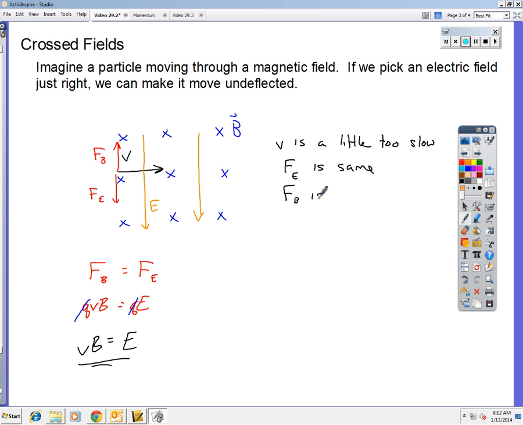But the magnetic force is smaller, and that means that this particle will deflect downward if it's positive. And similarly, if V is a little too fast, the particle will deflect upward. If it were a negatively charged particle, it would deflect the opposite direction from a positive one.